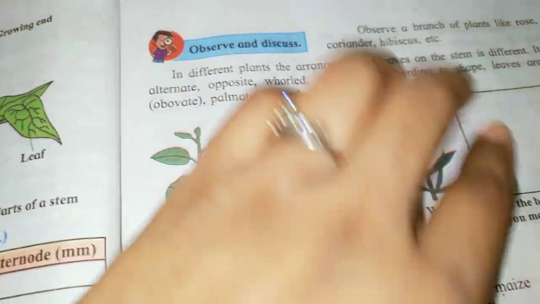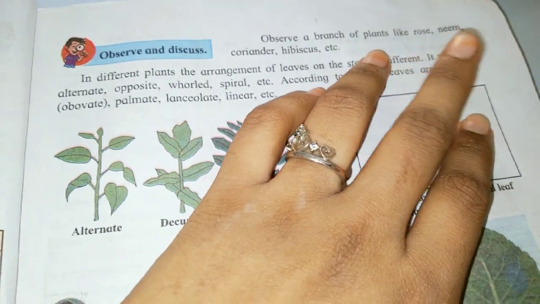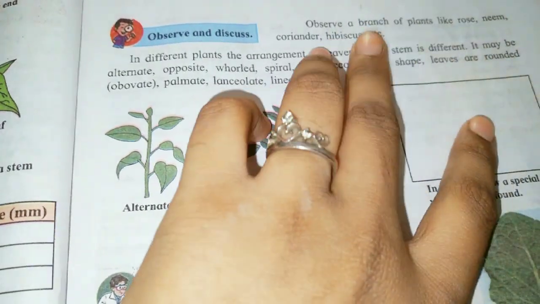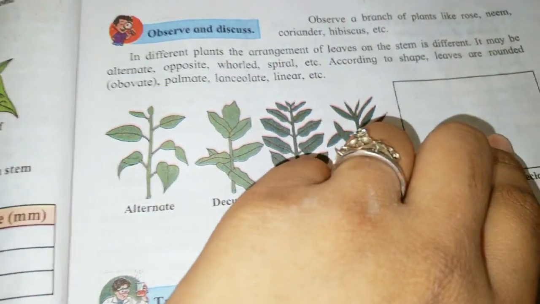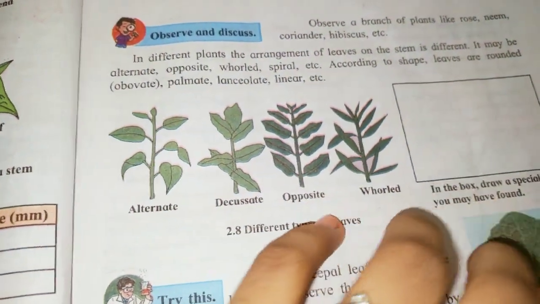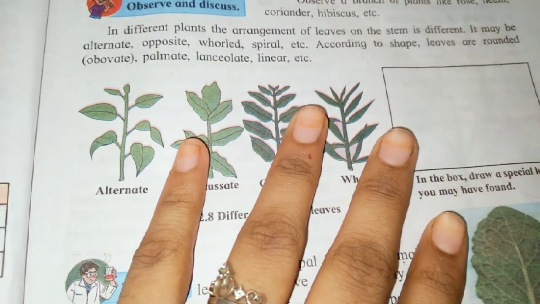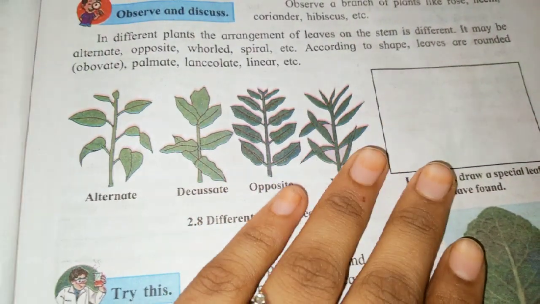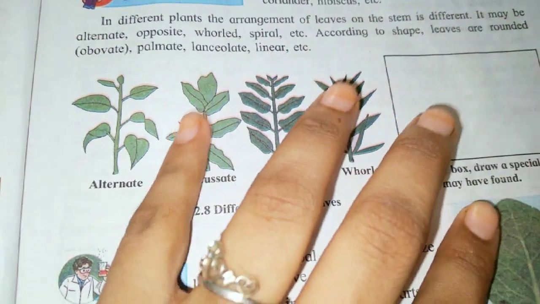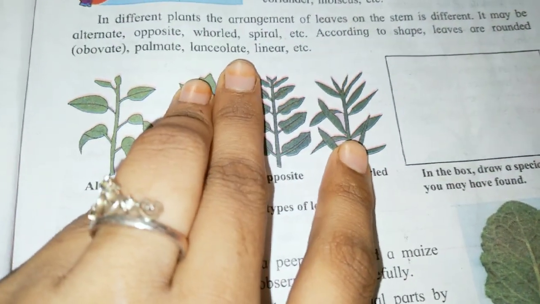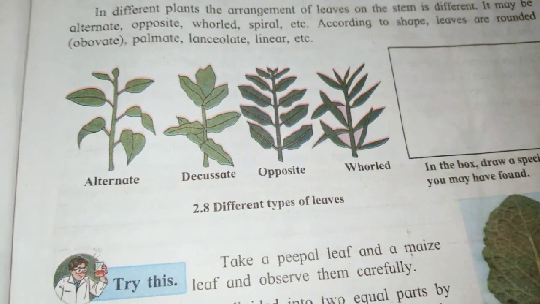You have to observe a branch of plants like rose, neem, coriander, hibiscus, etc. According to shape, leaves are rounded, ovate, palmate, lanceolate, linear, etc.